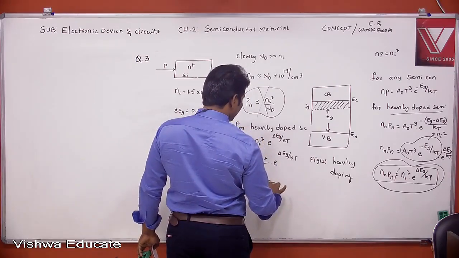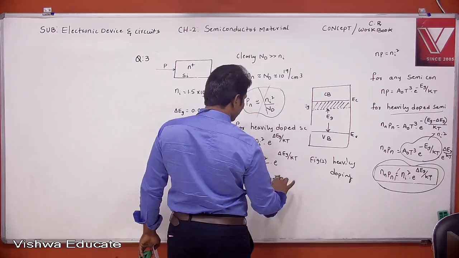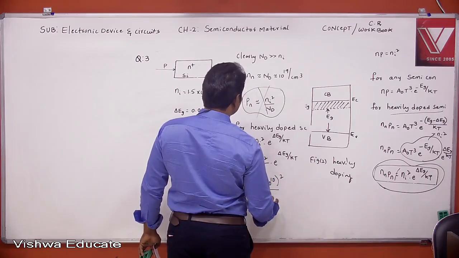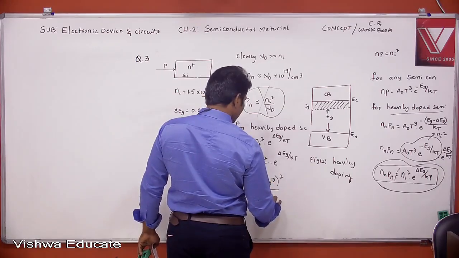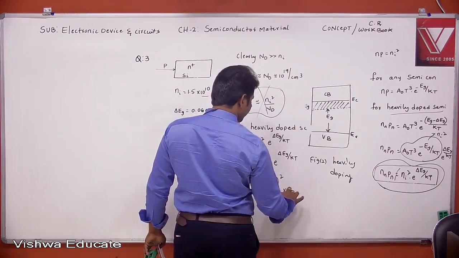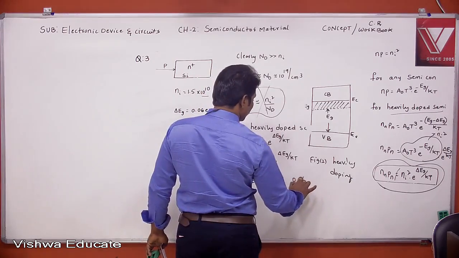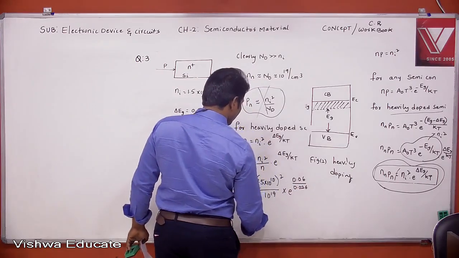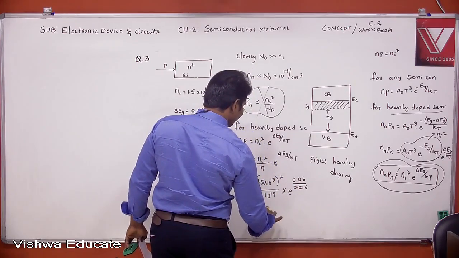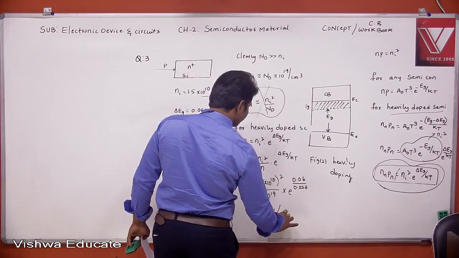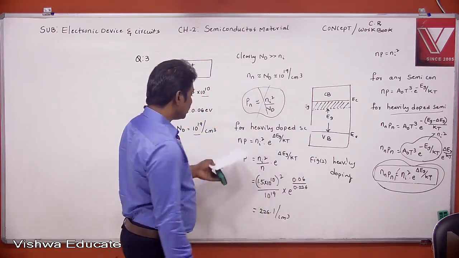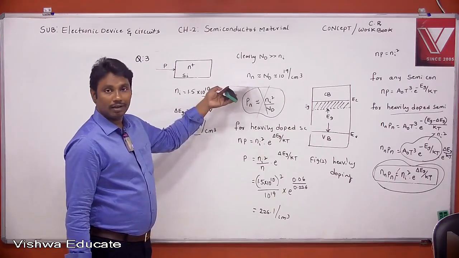Ni is 1.5 into 10 power 10, whole square, by N, which is 10 power 19, into e power 0.06 by 0.026. Which is equal to 226.1 per centimeter cube. So this is the hole concentration and this is the electron concentration.